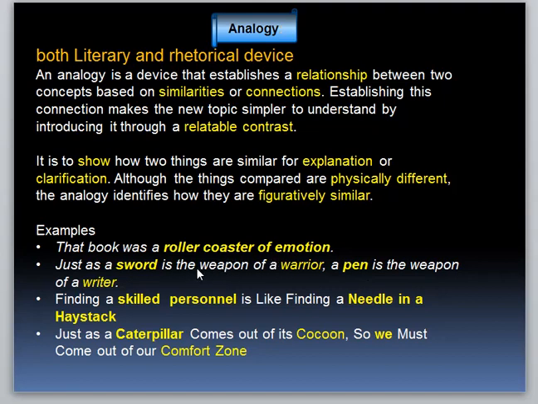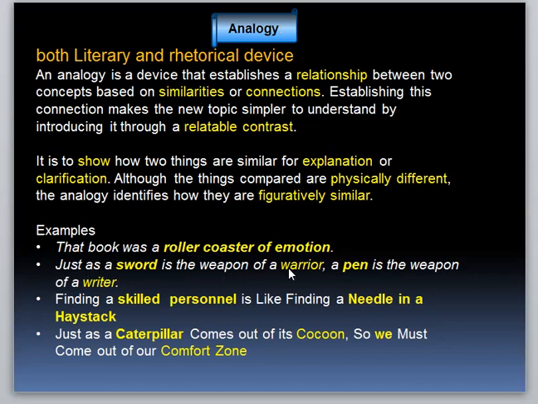Your emotions get a high jolt like the roller coaster. So this is what is mentioned in the book. So that book was a roller coaster of emotion. So you have compared two different things, and you have mentioned how it is different and how it is similar. So roller coaster of emotions means ups and downs in emotions.